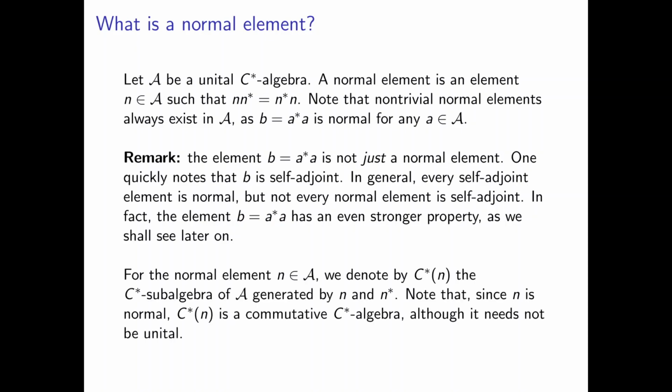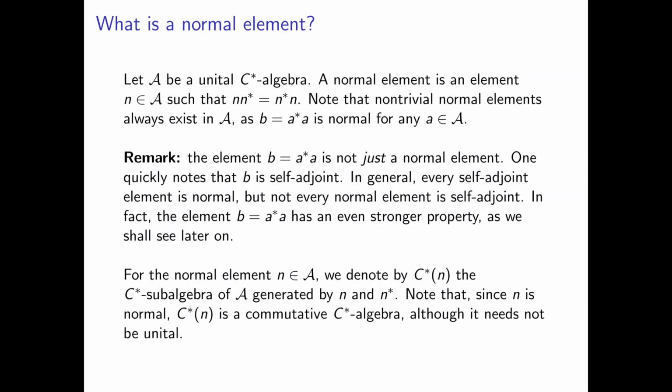Now, for this normal element n in A, we denote by C star n the C star subalgebra of A generated by n and n star. And basically, you can think of it as polynomials in terms of n and n star, and then you take limits as well because we want to have a complete algebra, and we want to have a Banach algebra, of course, so it has to be complete.